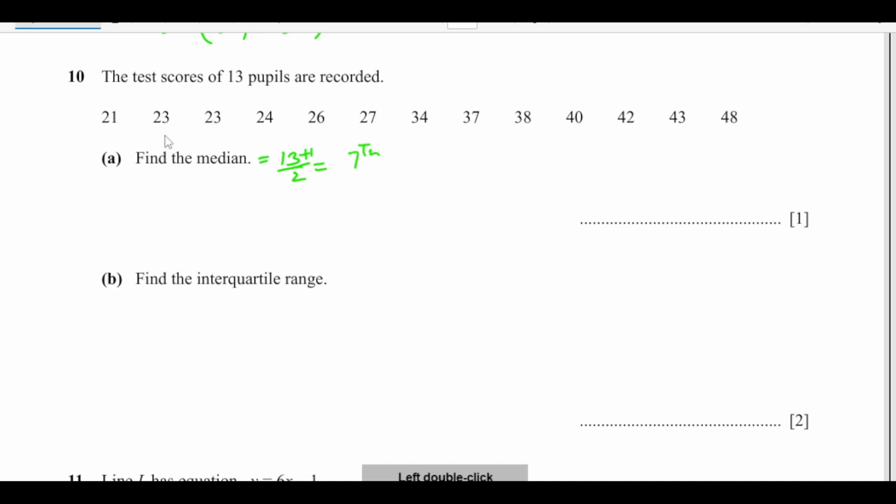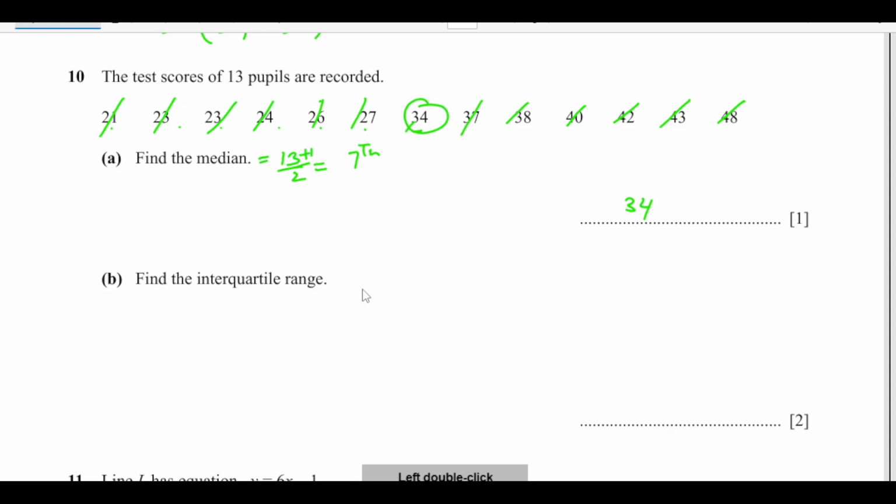So the seventh value is here, 1, 2, 3, 4, 5, 6 and 7. So the seventh value is 34. So 34 is the median. Or the other way is you cross out the first number and then the last, second and second last, third and third last, fourth and fourth last, fifth and fifth last, sixth and sixth last, and then the middle number that is left is the median, right?